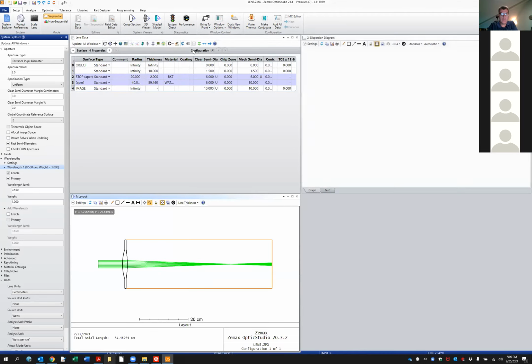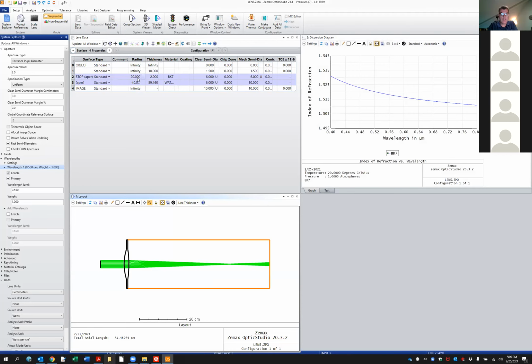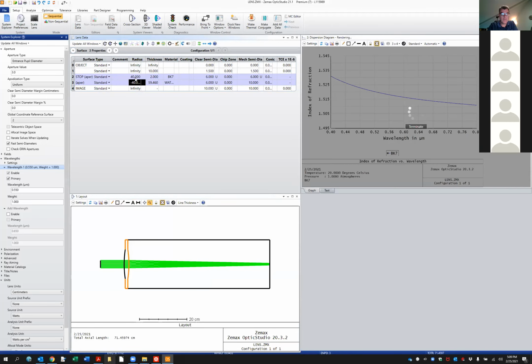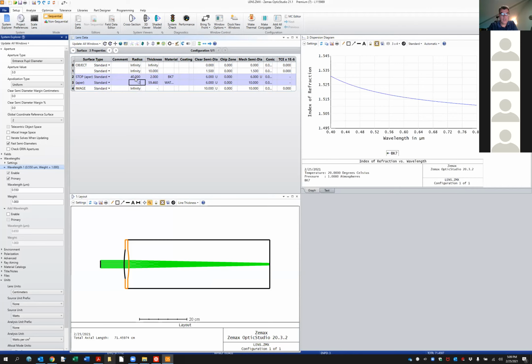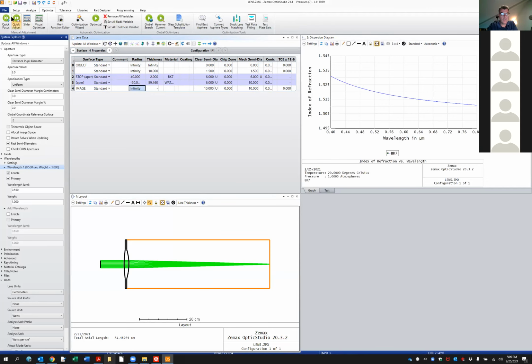Tile all windows. Okay, what we did was we flipped the orientation of the lens. So right now it should be focused. Yep, it's focused. Then I just turn the lens around and suddenly the rays are coming to a focus over here instead of on the right.